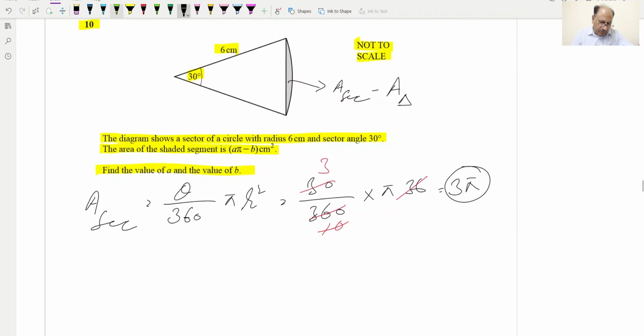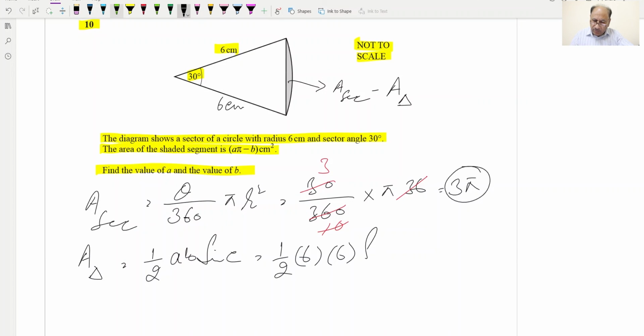Now we can find the area of the triangle. So area of triangle is half a b sine C, and half into a, which is 6. One side is 6, the other side is also 6. So 6 into 6 into sine of 30 degrees. Sine of 30 is 1 by 2. Two 3s are 6, and this will be 18 over 2, so this will be 9.